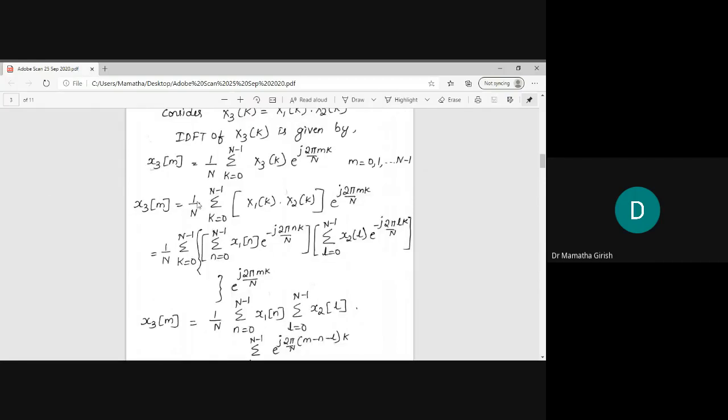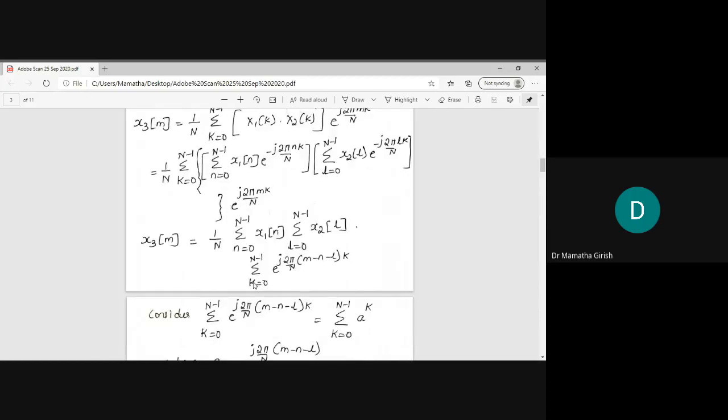In the next line, the first term as it is, the second summation term as it is. I'm substituting the value of X1 of k. X1 of k is given by the term within the first bracket, the DFT expansion of sequence x1 of n. Similarly, what is X2 of k? The DFT expansion of the finite duration sequence x2 of n.